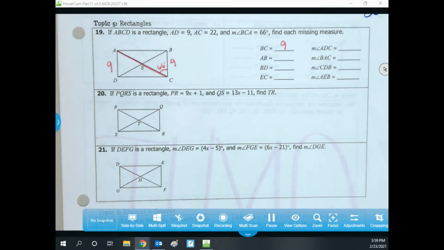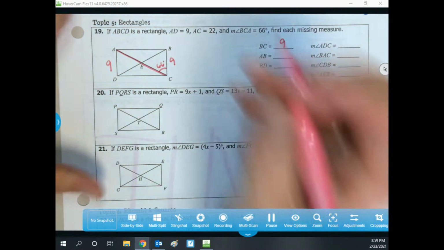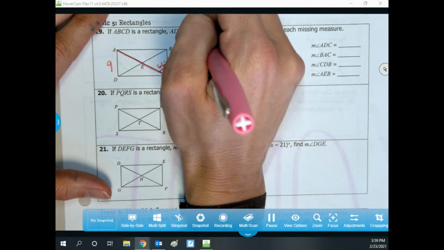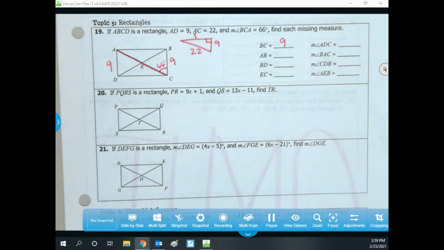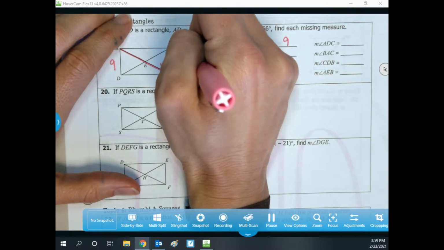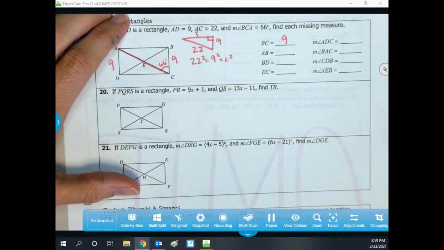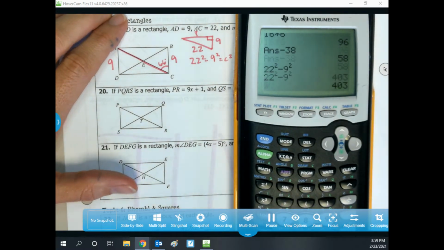All right, AB. In order to find AB, we have to use the Pythagorean theorem, and we have this right triangle. This is 9. This is 22, and we're looking for a short side, so we are subtracting. So 22 squared minus 9 squared equals C squared.